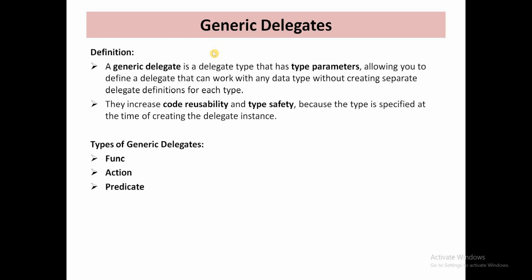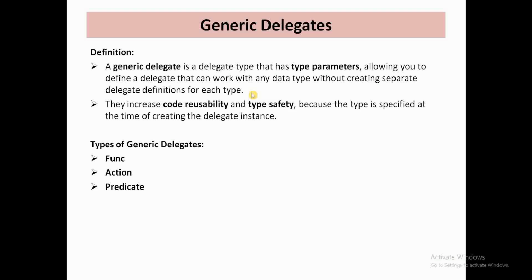Next delegate we have is the generic delegate. So what is a generic delegate? A generic delegate is a delegate type that has type parameters, allowing you to define a delegate that can work with any data type without creating separate delegate definitions for each type. Type parameters means we do not provide any definition of that delegate.